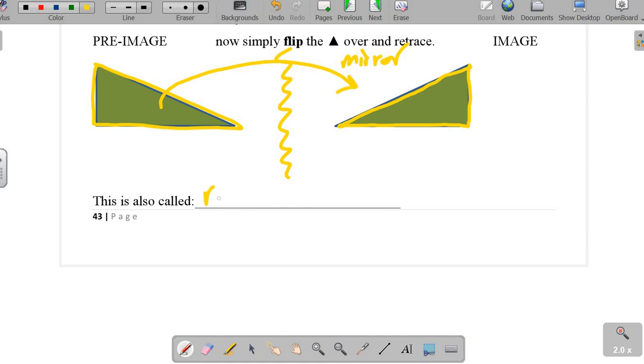We call that a reflection. Your hands and your feet, when you put your left and right hand next to each other, or your left and right foot next to each other, are reflections of each other.